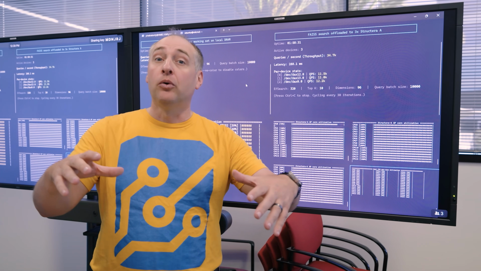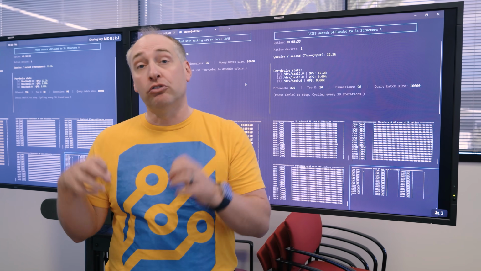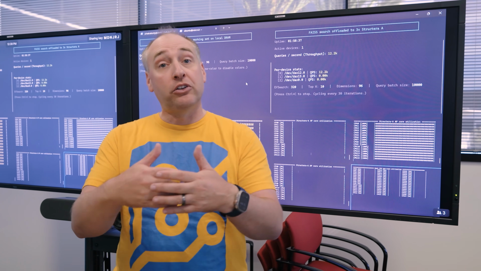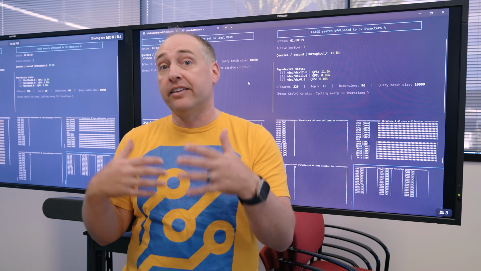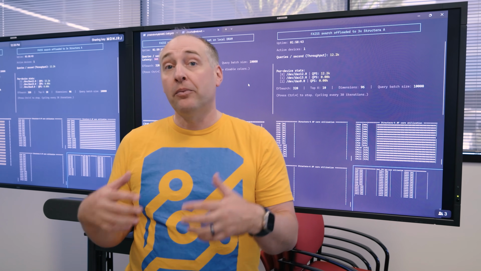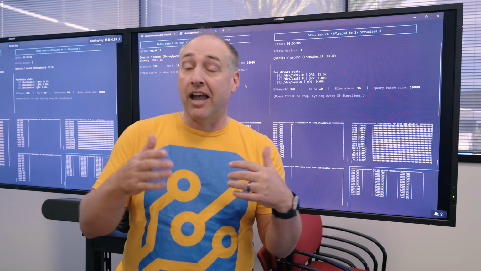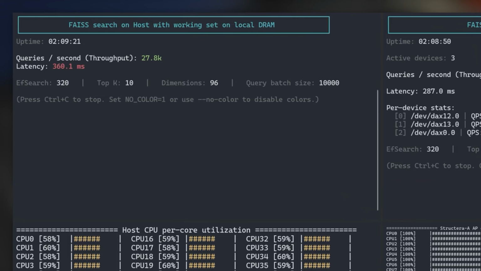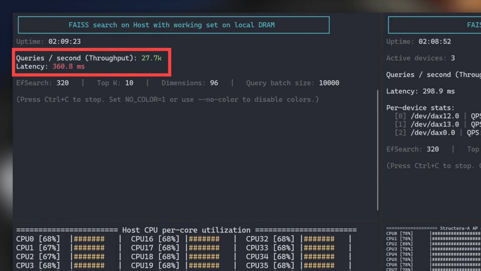Because remember, we can now do the computation locally without having to bring all of the data back to the host processor. We can do that locally on the CXL device, and we don't have to do that traversal. That also means that we're able to scale our compute by just adding more cards, and that's exactly what we're showing here. On the left, you're gonna see that we are running at just around 27,800-ish queries per second.